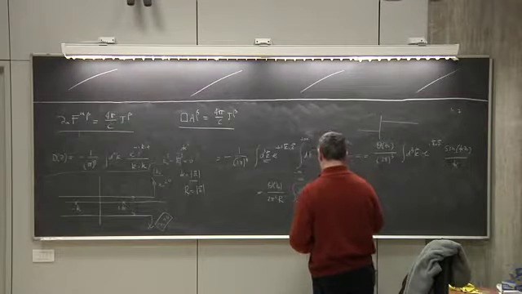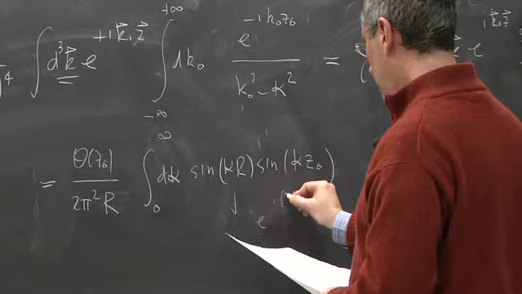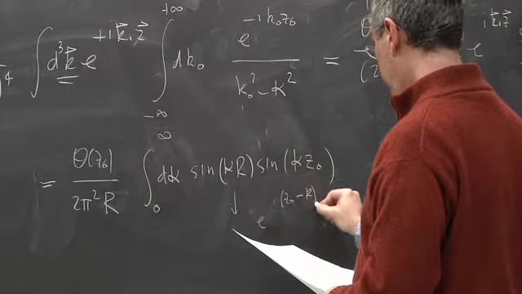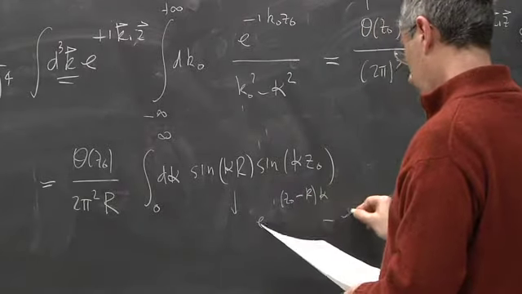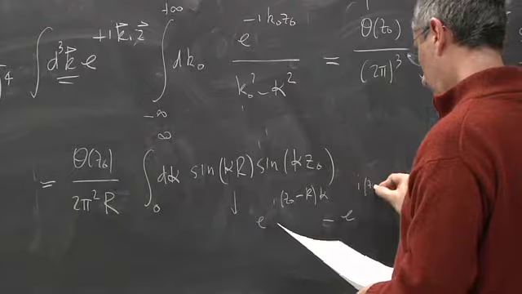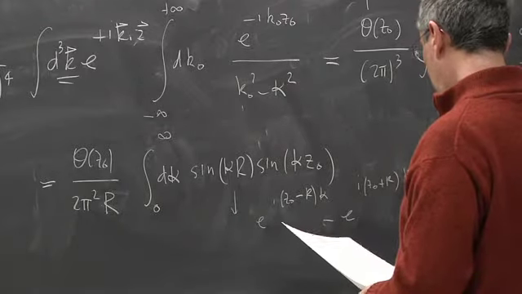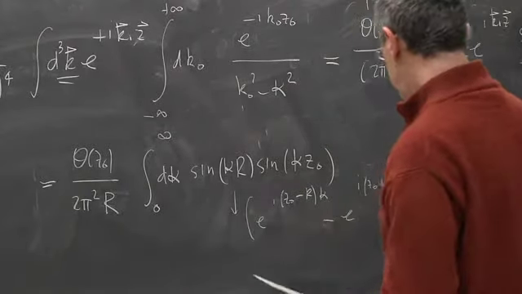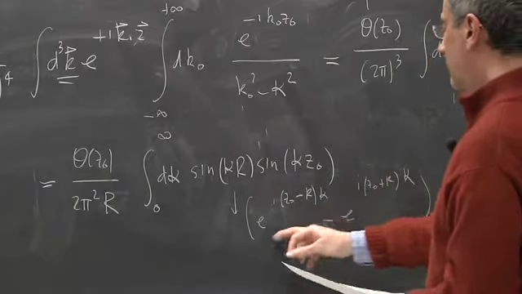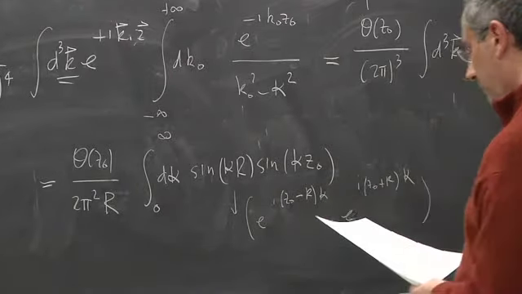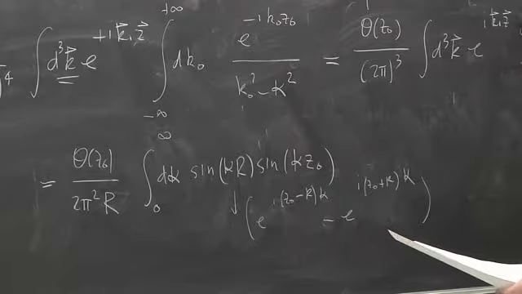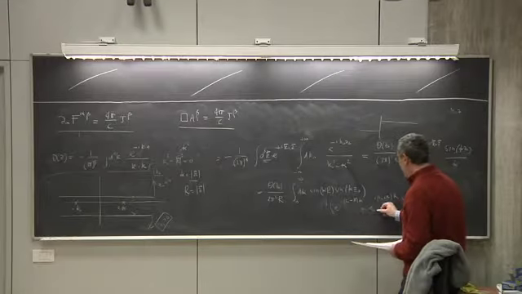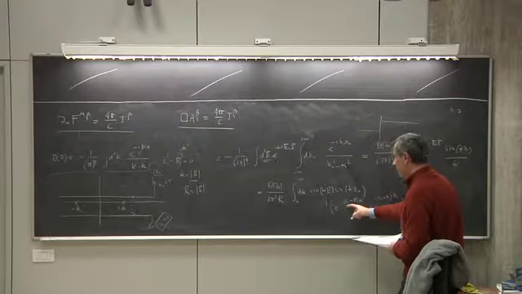Then you multiply the two, and you get this. And then it's easy to integrate these things, because for this bound, this gives no contribution, and this gives you just a delta function.